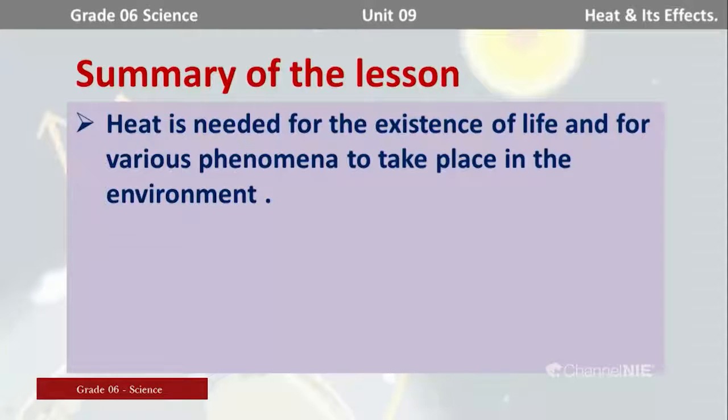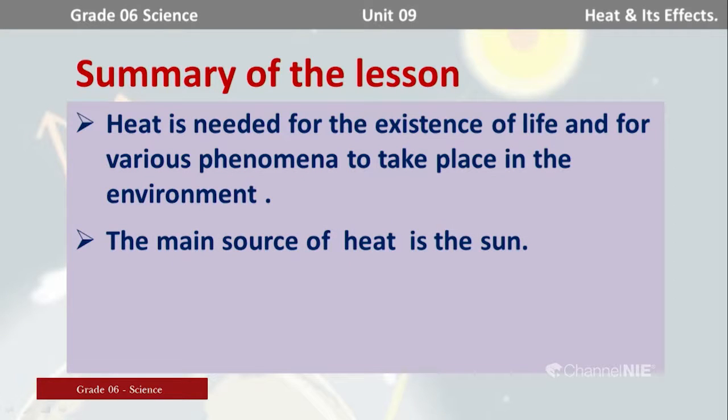Then they are affected by heat. Then we learnt that the main source of heat is the sun. The sun is the main source of providing heat to the earth.